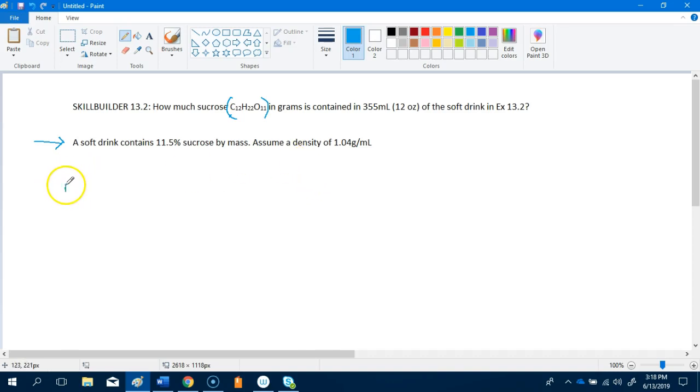So we're going to be using the formula: mass percent of sucrose, the solute, is equal to the mass of the solute over the mass of the solution.